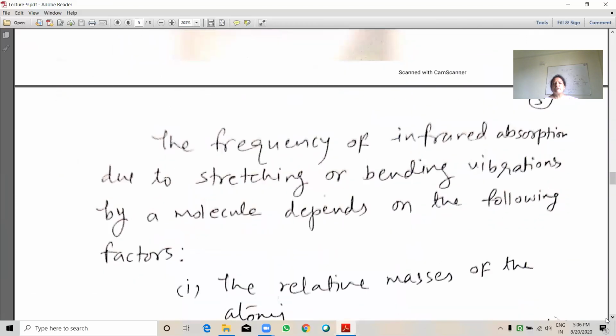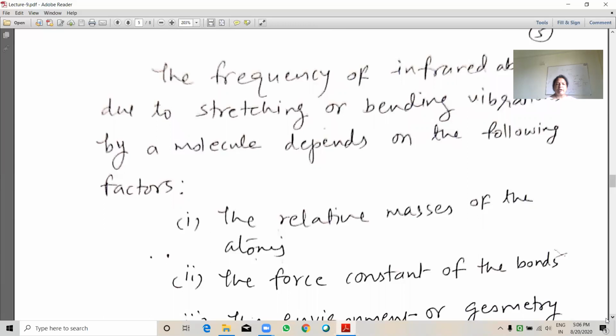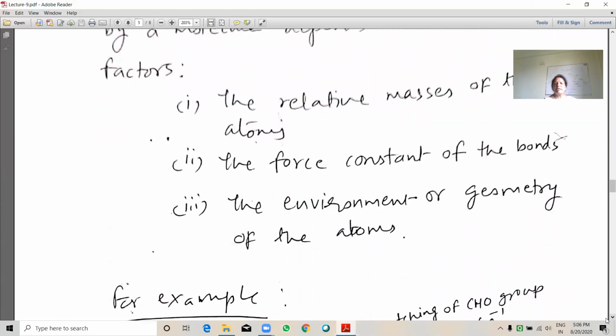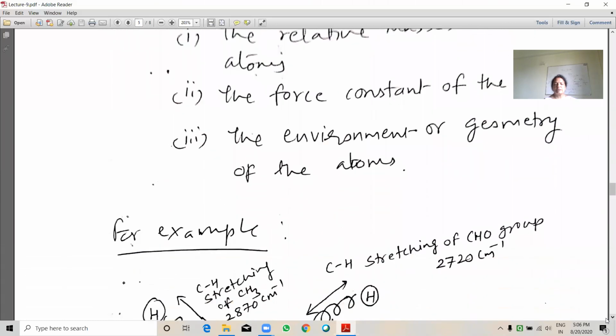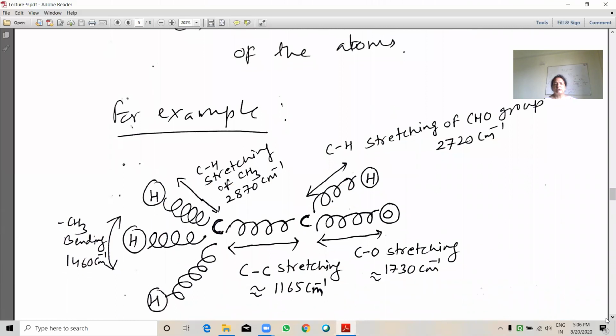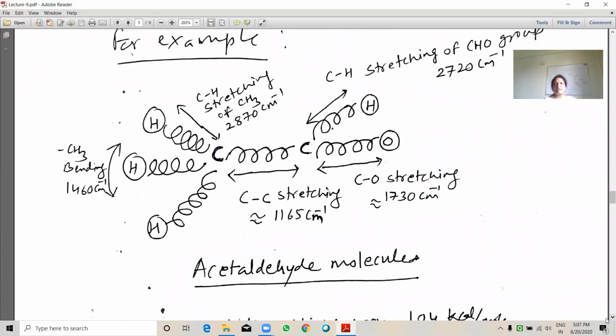The frequency of infrared absorption due to stretching or bending vibrations by a molecule depends upon the following factors: the relative masses of the atoms, the force constant of the bonds, and the environment or geometry of the atoms. For example, see this acetaldehyde molecule.